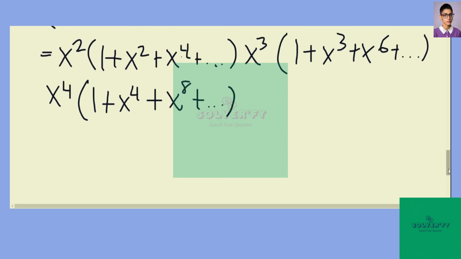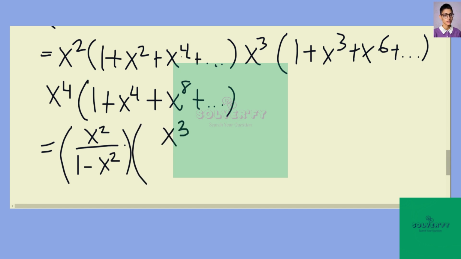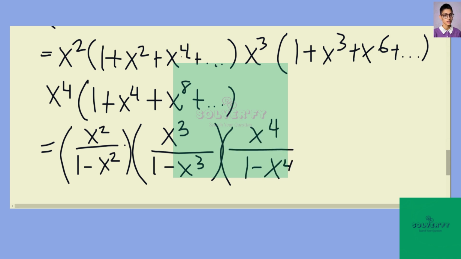And we have by a theorem that this reduces to x squared over 1 minus x squared times x cubed over 1 minus x cubed times x to the 4th over 1 minus x to the 4th.